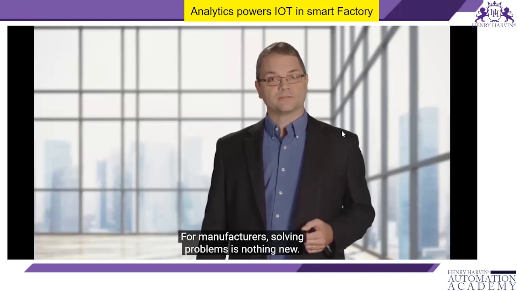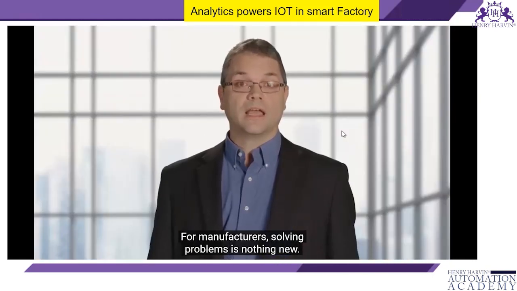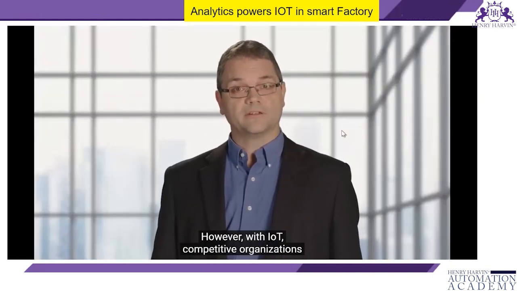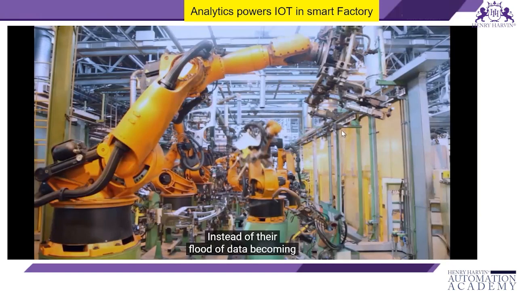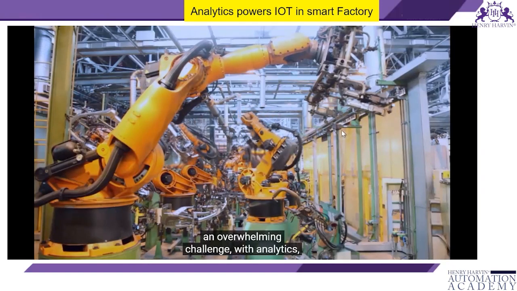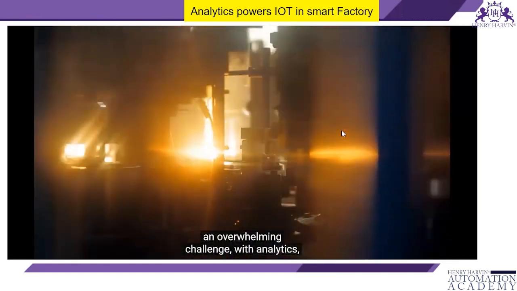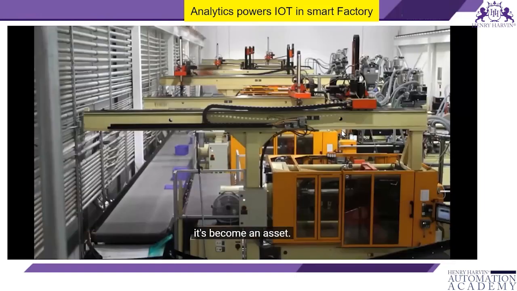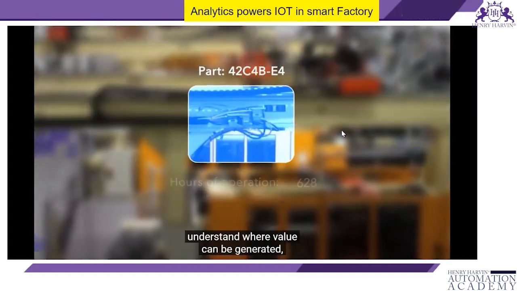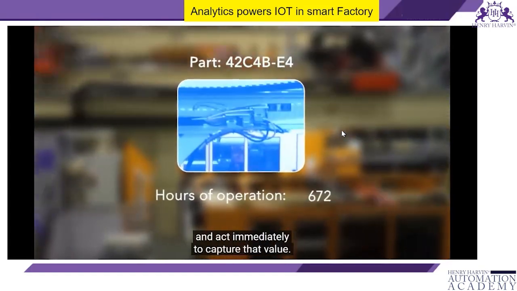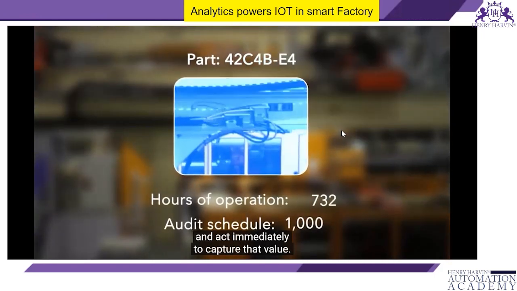For manufacturers, solving problems is nothing new. However, with IoT, competitive organizations are finding new cost savings and revenue opportunities. Instead of their flood of data becoming an overwhelming challenge, with analytics, it's become an asset. Analytics help operations sense what's important, understand where value can be generated, and act immediately to capture that value.